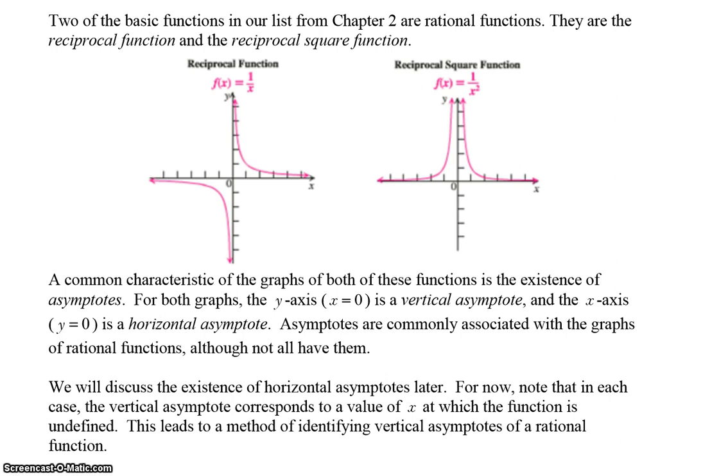For now, however, let's just note that the vertical asymptote for each function, which is the y-axis or the line x equals 0, is associated with a value of x at which the function is undefined. We see that the reciprocal function and the reciprocal square function are undefined at x equals 0. So when we're looking for vertical asymptotes, we're looking for values of x at which the function is undefined, where we get division by 0.